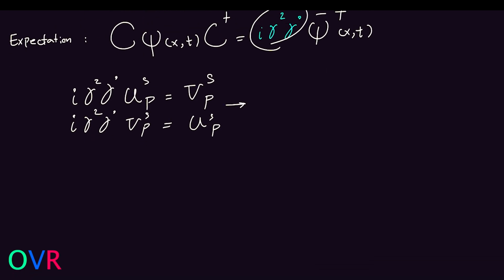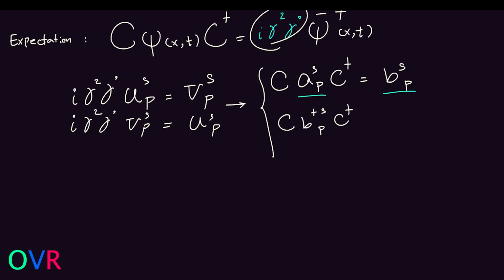Therefore, we can define the effect of this charge conjugation operator on the creation and annihilation operators. If you have C a of s p C dagger, this is equal to b of s p: same type, annihilation, annihilation. But in this one you annihilate the psi particle, and in the other you annihilate b, not a. And C b dagger of s p C dagger is equal to a dagger of s p.